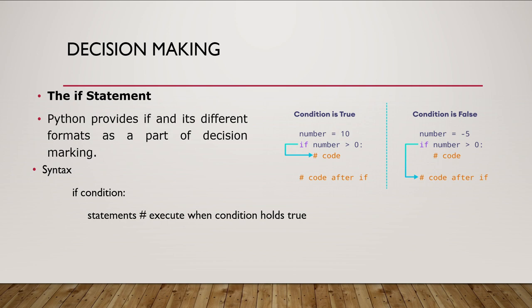If no indentation is given, then it will raise an error. So if I use an if condition, it goes like this. Let's say there is a number which is 10 and my condition is if number is greater than 0, I want to perform something. This code will work when the condition is true, and if the condition is false, the control will move outside the if body.